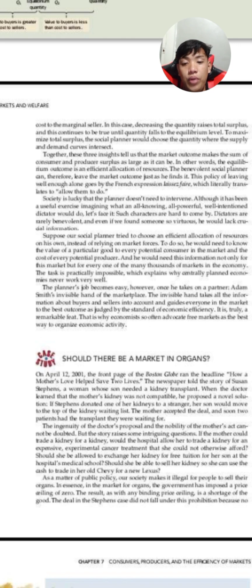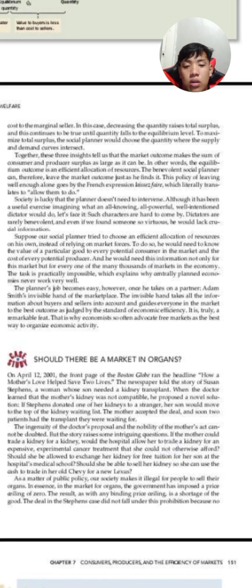On April 12, 2001, the front page of the Boston Globe carried the headline "How mother love helped save two lives." The newspaper told the story of Susan Stephens, a woman whose son needed a kidney transplant. When the doctors learned that the mother's kidney was not compatible, they proposed a novel solution.